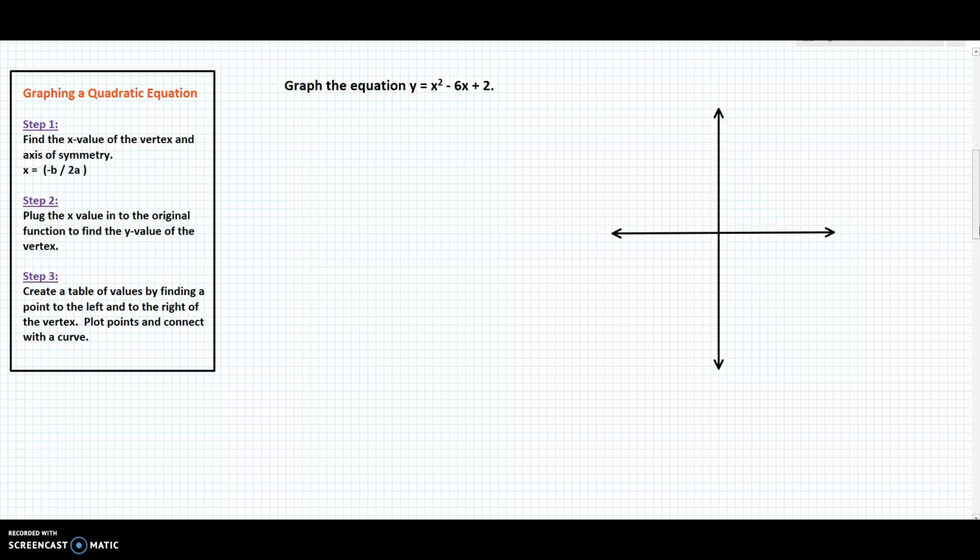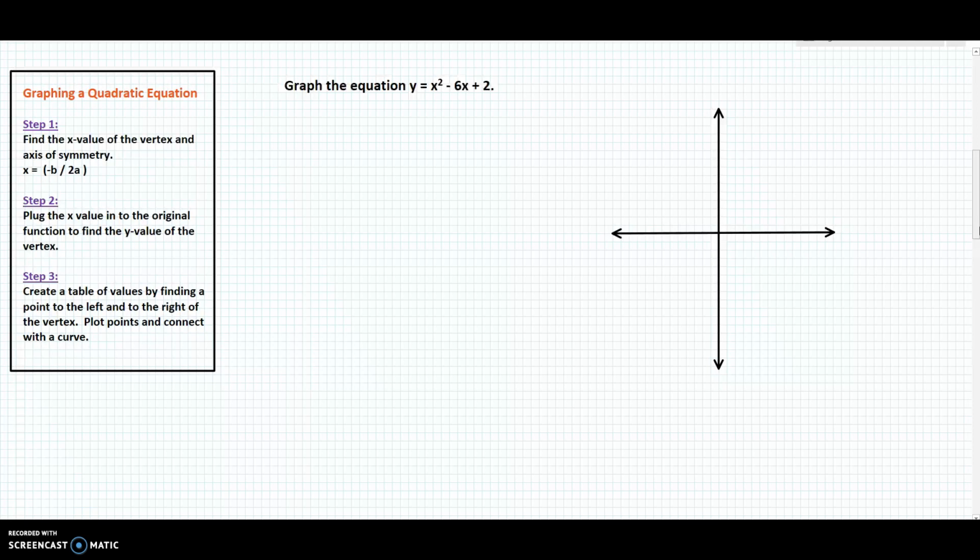After we do that, we are going to plug the x value into the original function to find the y value of the vertex, and we're going to go ahead and plot that vertex on our graph. Step 3 is we are going to create a table of values by finding a point to the left and to the right of the vertex, and we're going to plot those points and connect the graph in a parabola shape. So let's take a look.